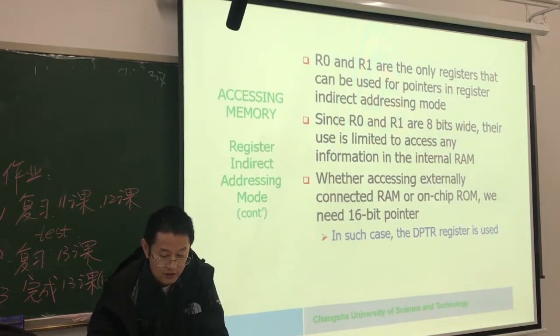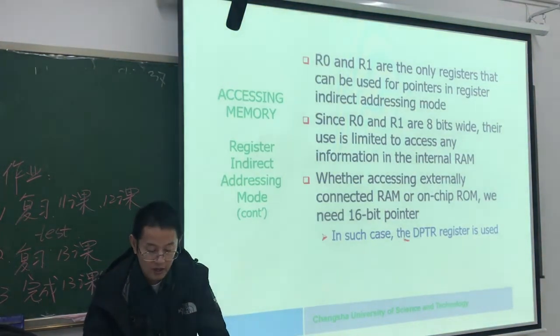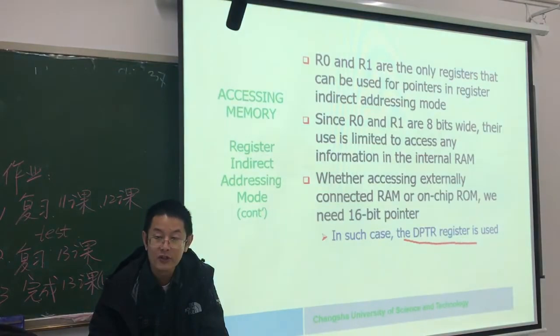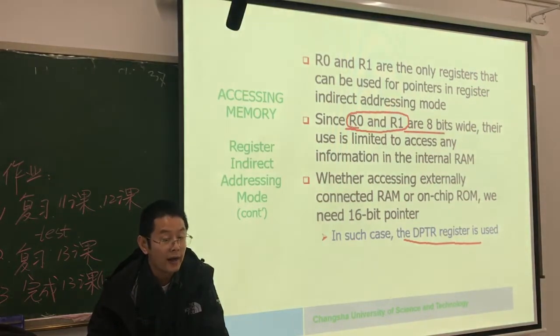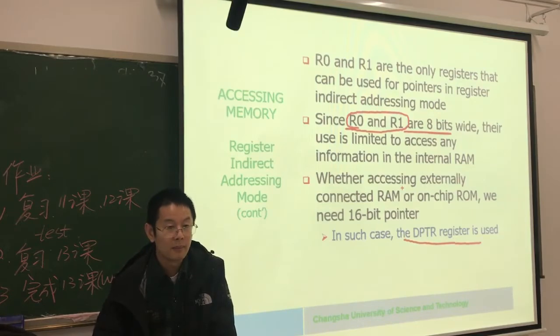In such a case, the DPTR register is used. DPTR is a 16-bit register, while R0 and R1 are 8-bit registers. So if your address is more than 8 bits, you need the DPTR register.